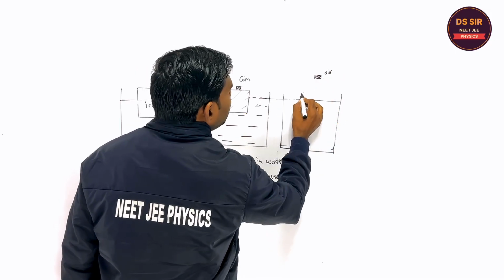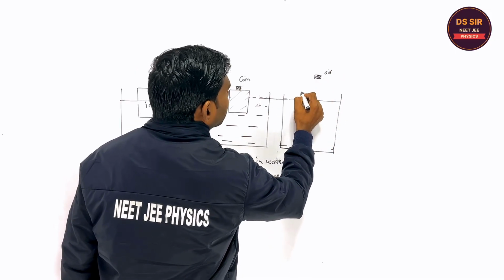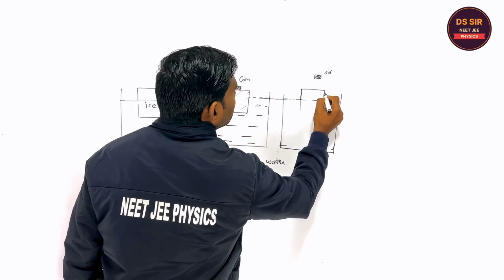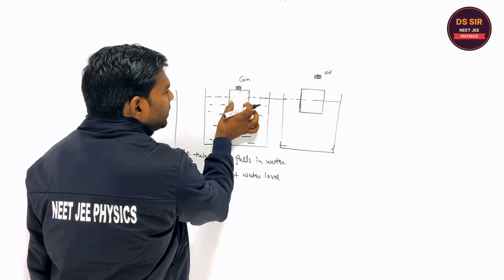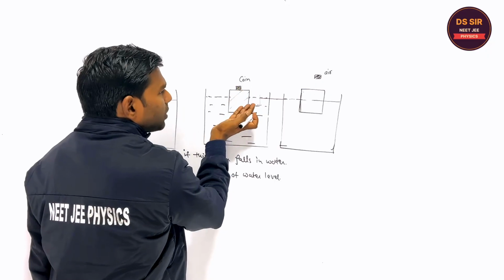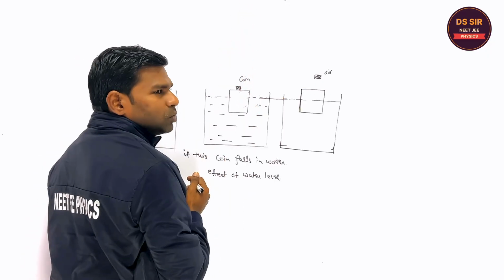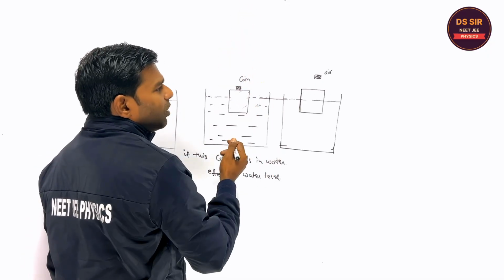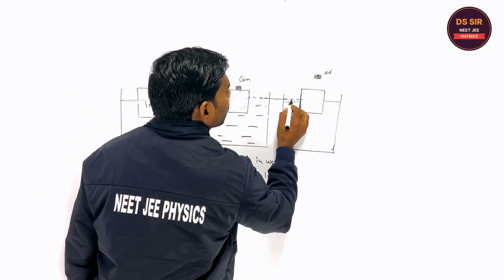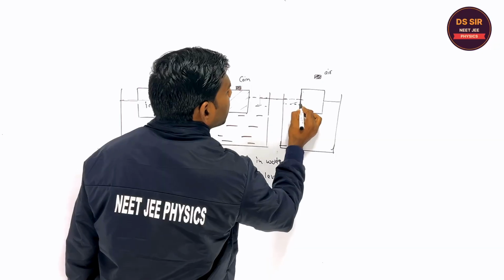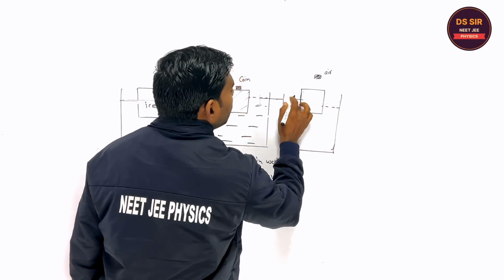So what will happen to the level of the water? Look into the figure. When the wooden block comes outside from the water, what will happen? It will go down. Is it clear or not? It will go down or not?